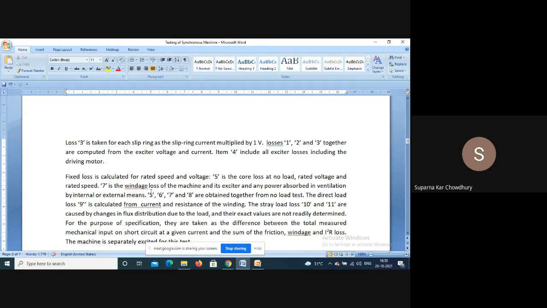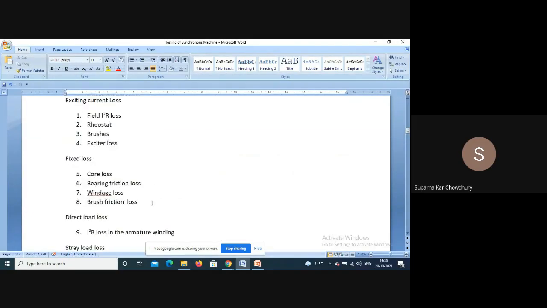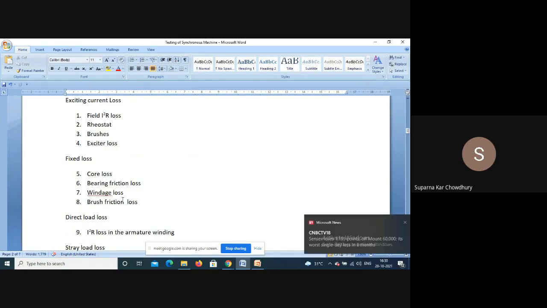Fixed losses are calculated for rated speed and voltage, because among the fixed losses we have seen that from the open circuit data we can separate the core loss from the windage, bearing friction loss. Brush friction also is considered together.